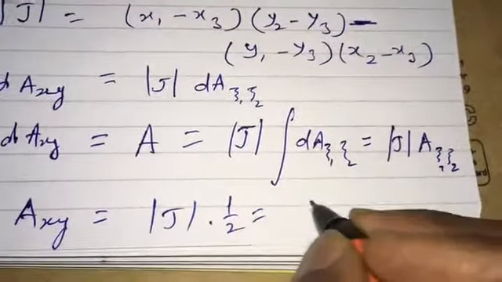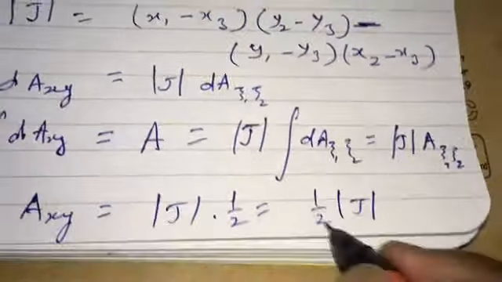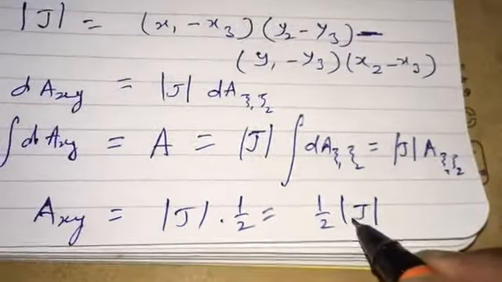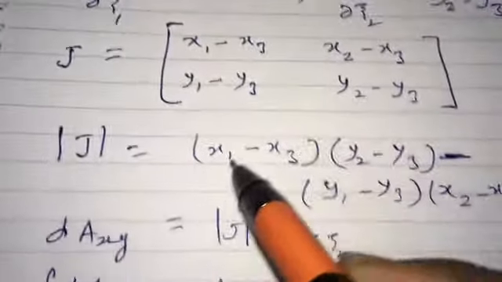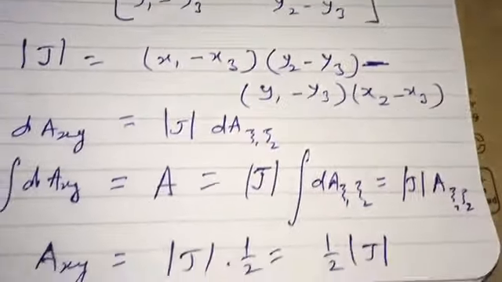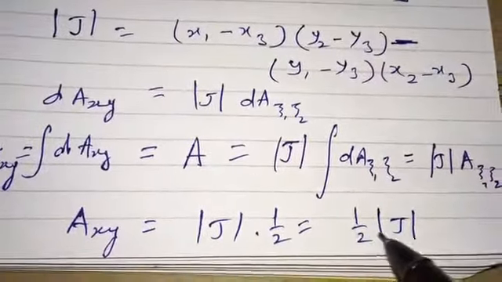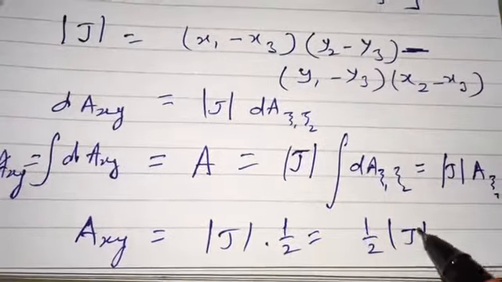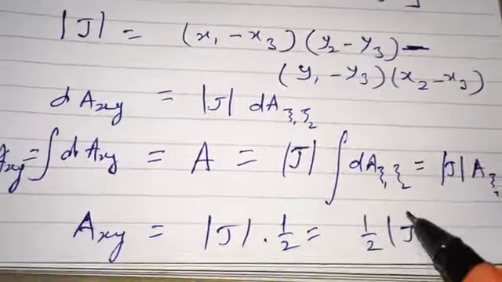So what we get is simply half of the determinant of the Jacobian matrix. This is how we find the area of the triangle.